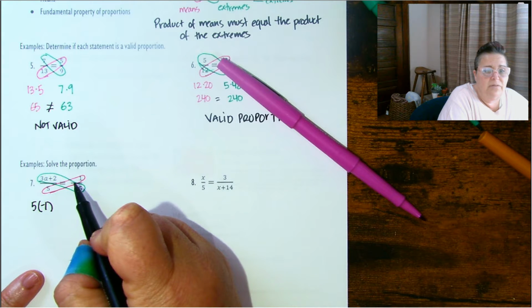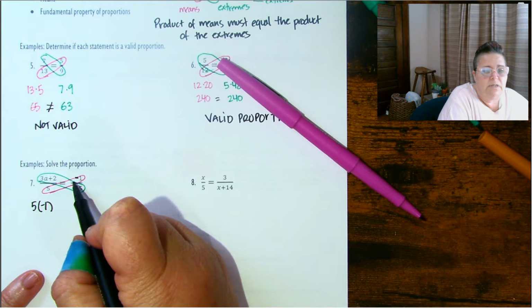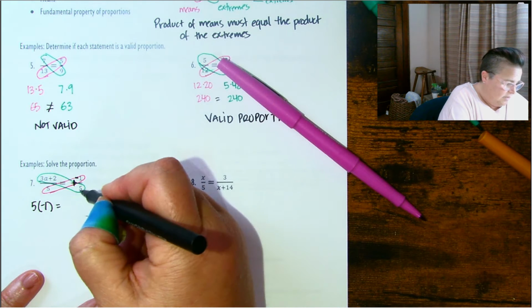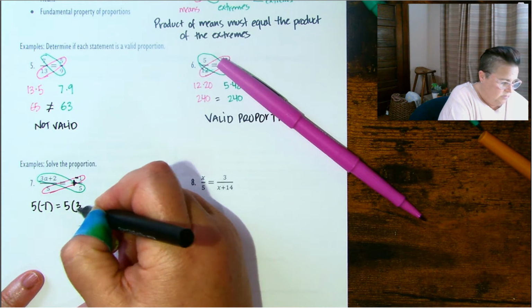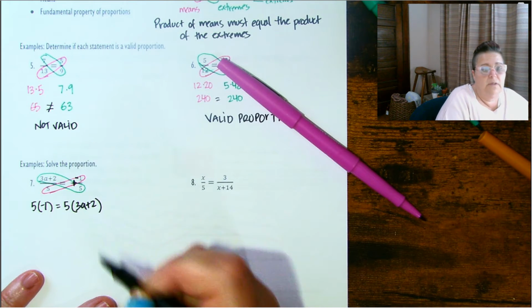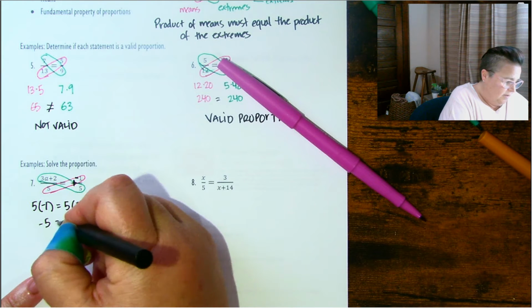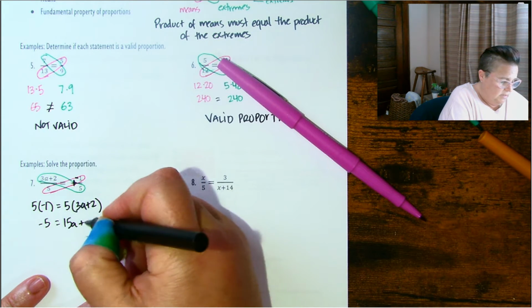Remember, there was a negative in front, and I almost always put it up top. I don't need it both places, so I'll switch that to a plus, and I'll move the negative up in the numerator. Has to equal the product of the extremes. So 5 times 3a plus 2. Now I just want to solve this as I normally would. Negative 5 is equal to 15a plus 10.